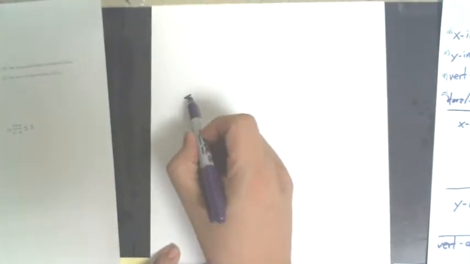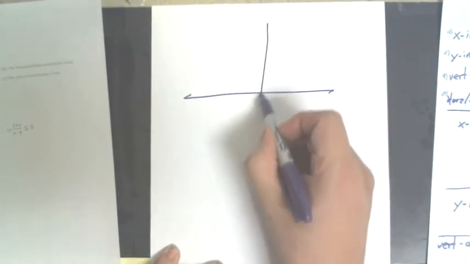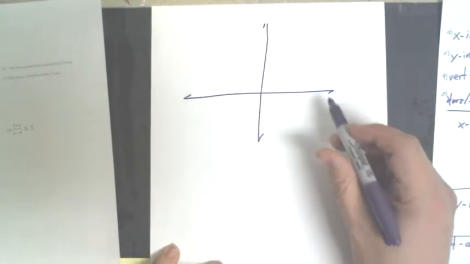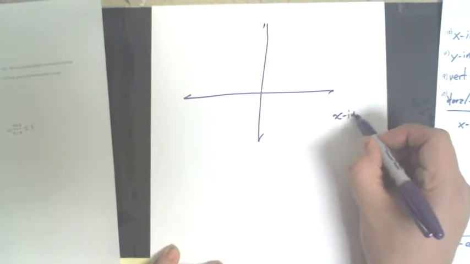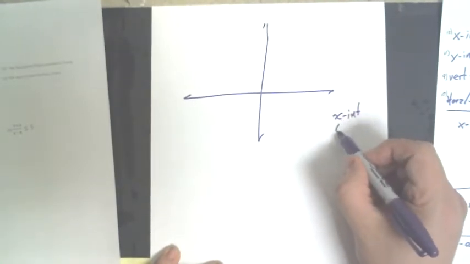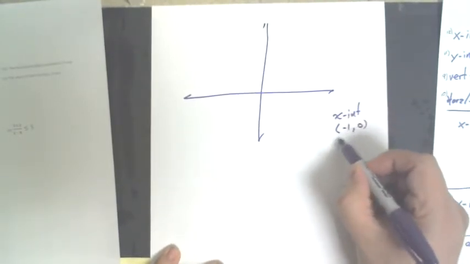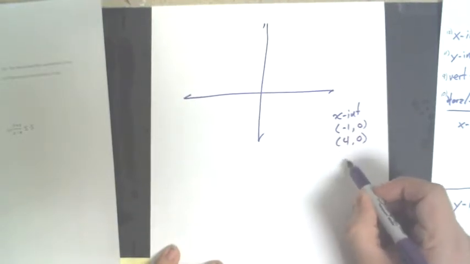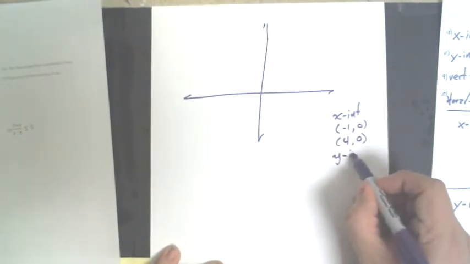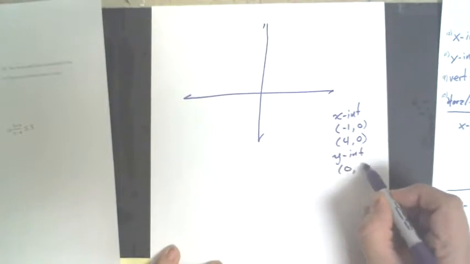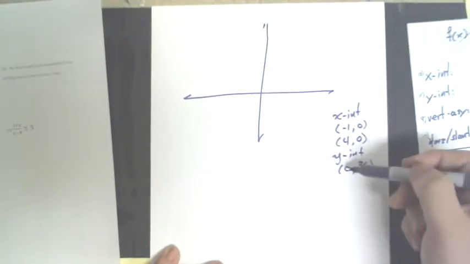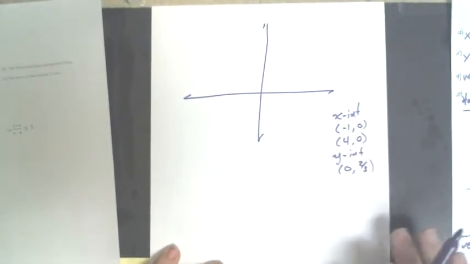So where does that put us? If we start looking at our graph here, we had x-intercepts at -1, 0 and 4, 0. We have a y-intercept at 0, 2/3. Make sure you give these to me as coordinates or I get grouchy.